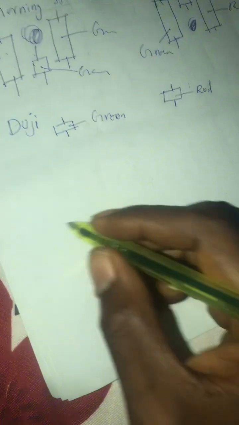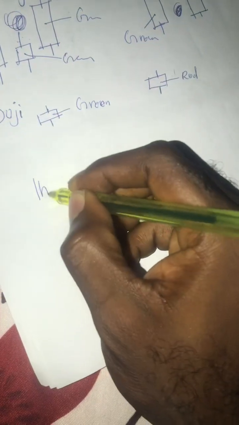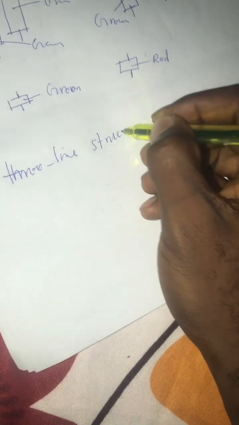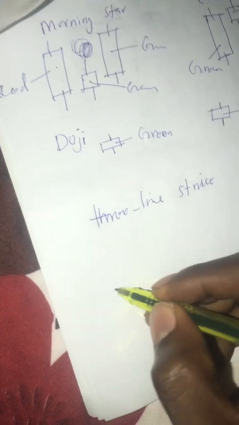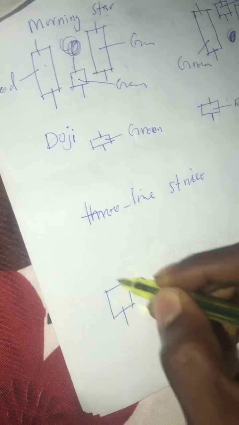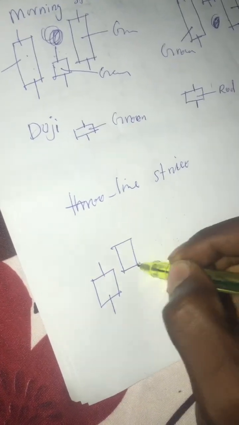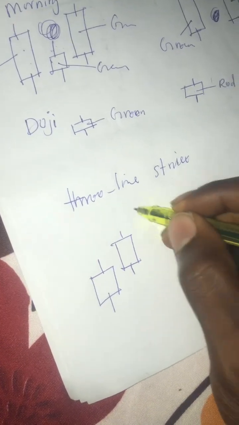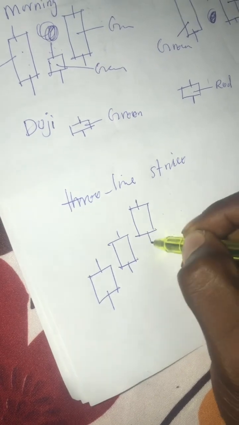All right, so the next one is the three line strike candlestick. This is the candlestick here. A small one like this, another one is making a step, right? Another one like this, making a step, then a big one like this.